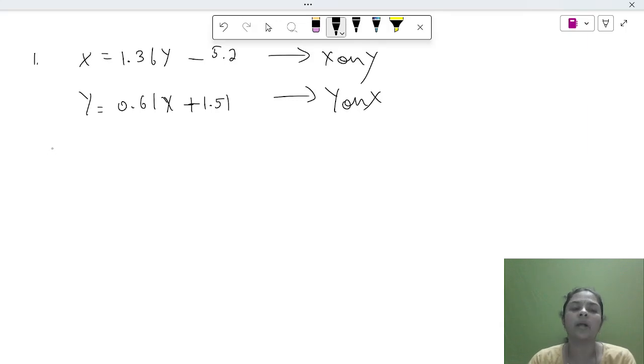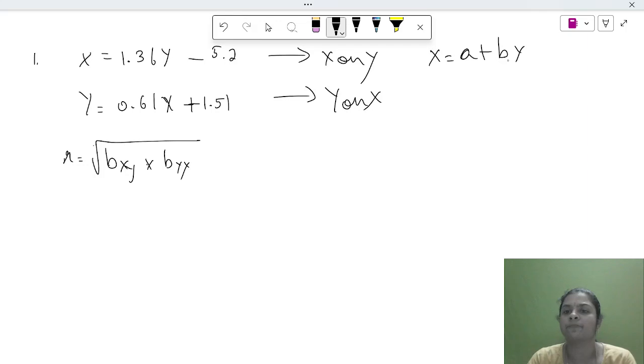So now to find the correlation coefficient, we know the rule r is equal to root of bxy into byx. Now how to find bxy? Very simple. In the x on y equation, x is equal to a plus by, whatever value is with y is b.